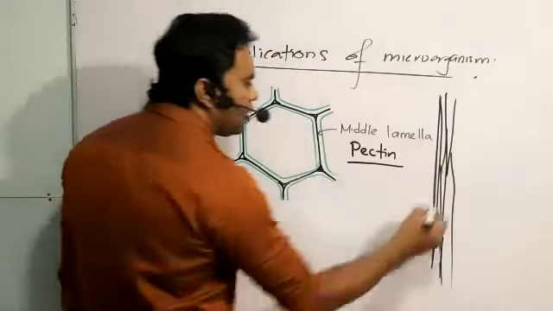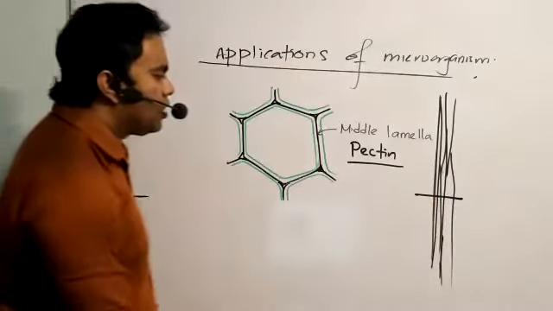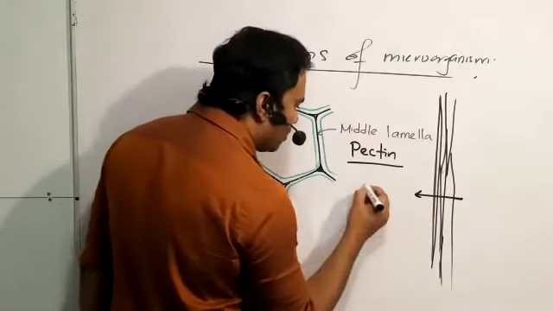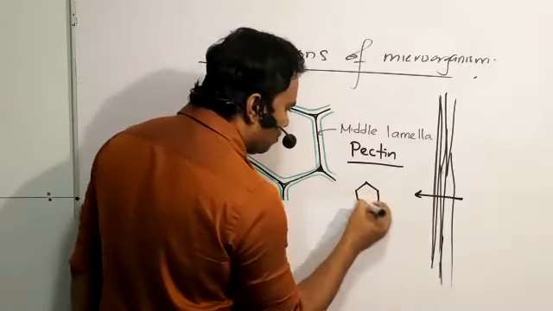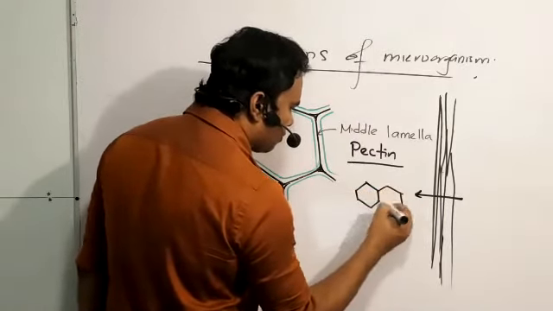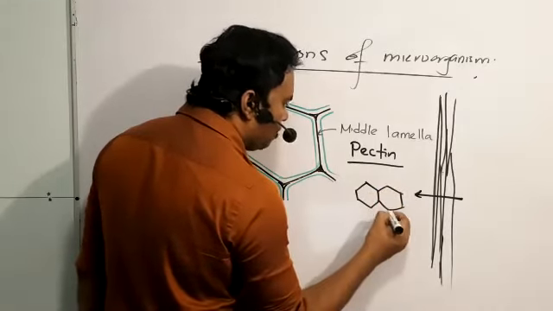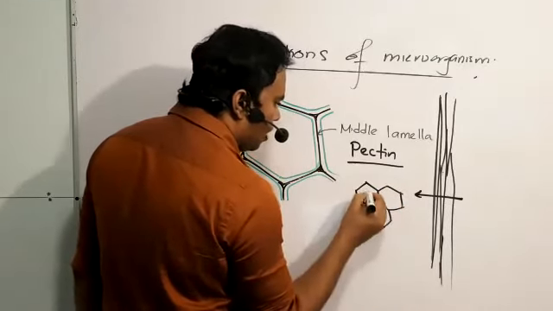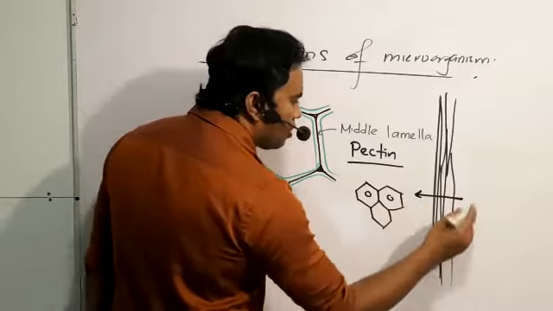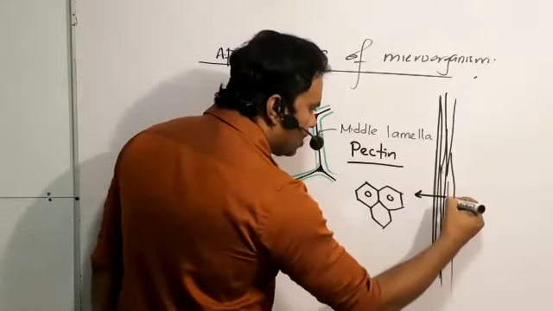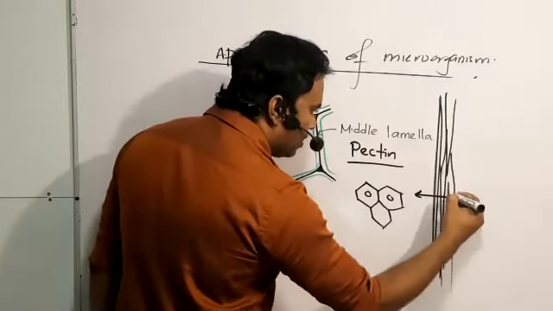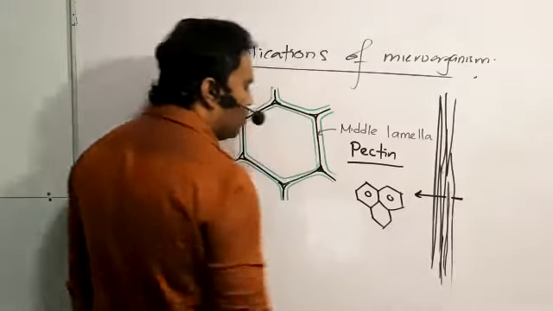If I cut this to see the cross section, we can see it like here. The fiber cells. And the central lumen also exists. Central cavities there. So this is a fiber.